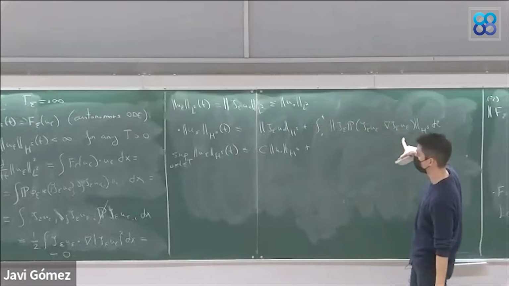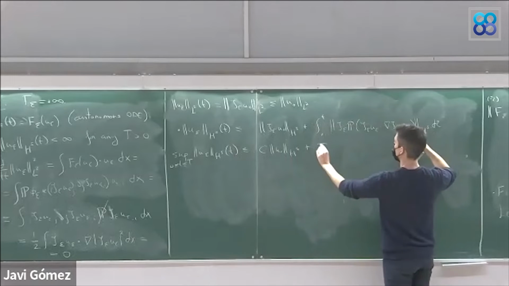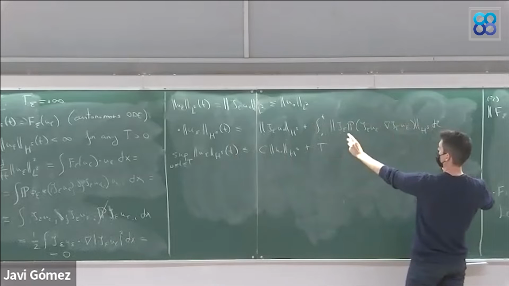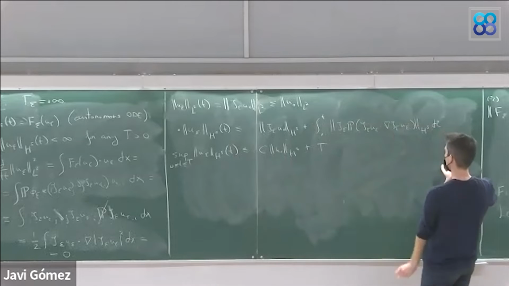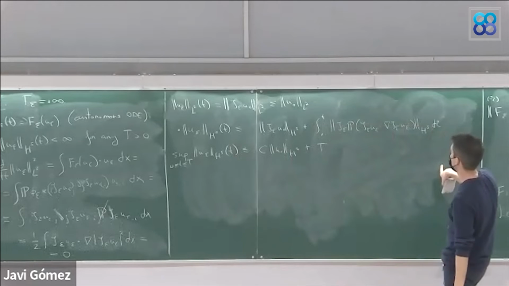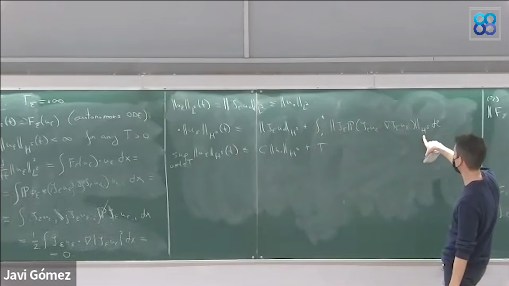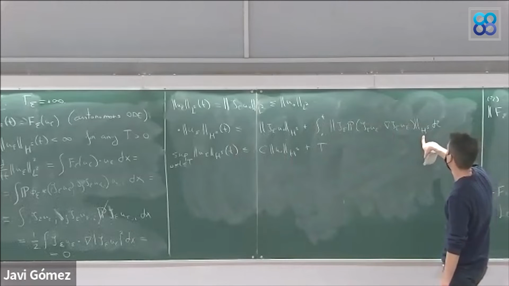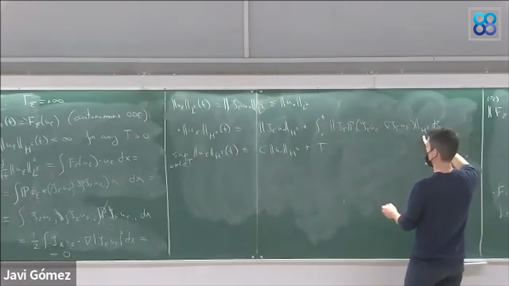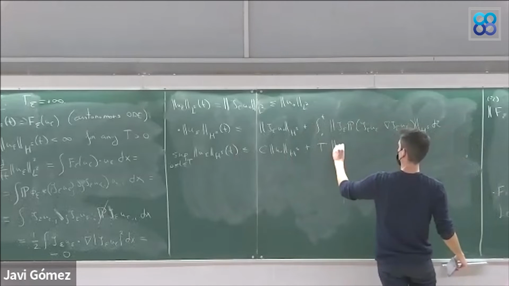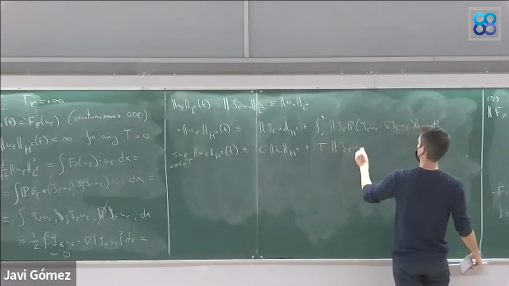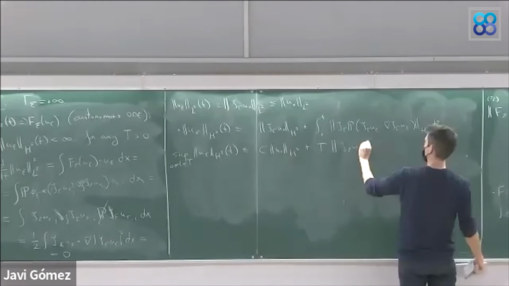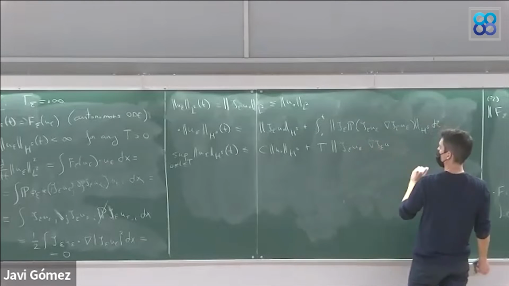And here we can be very rough. This is T. The modifier and the projection disappear.